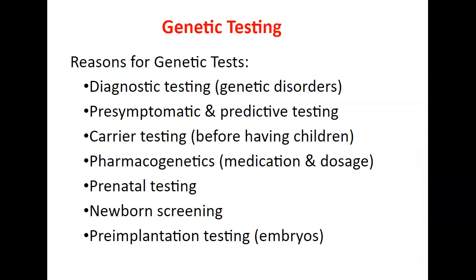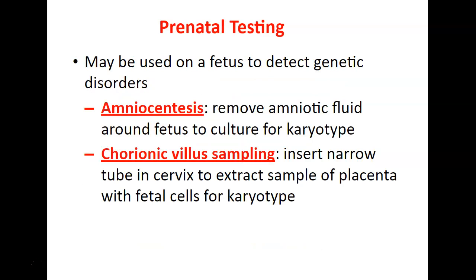Okay. At the end here, it just talks about genetic testing, just because there are a lot of things that you could do to test future children for different types of disorders. Here's just a list. Two common ones include amniocentesis and chorionic villus sampling.